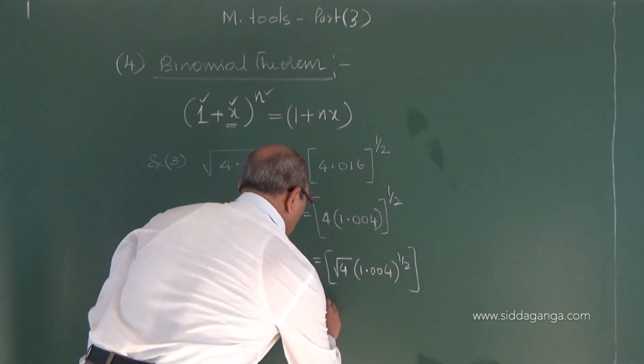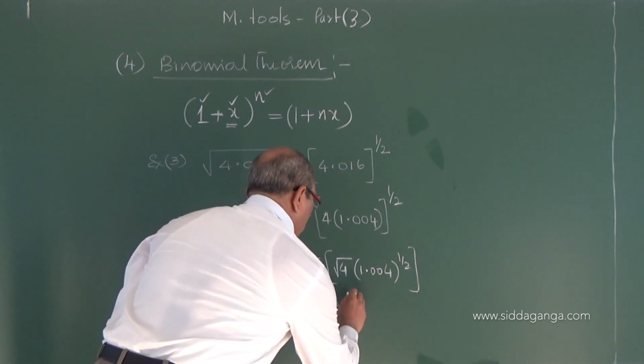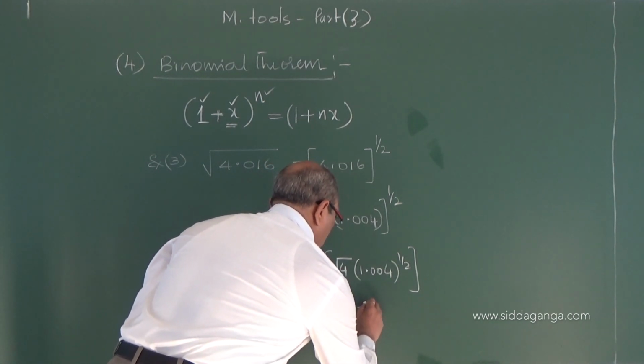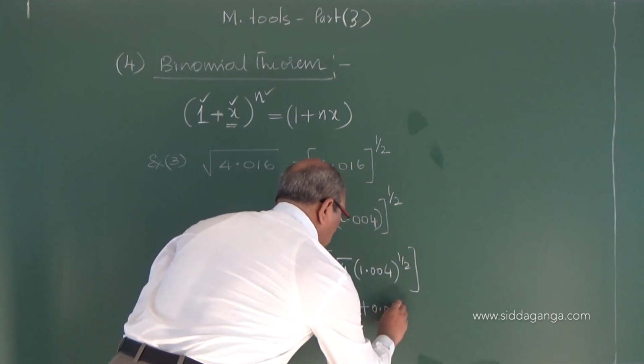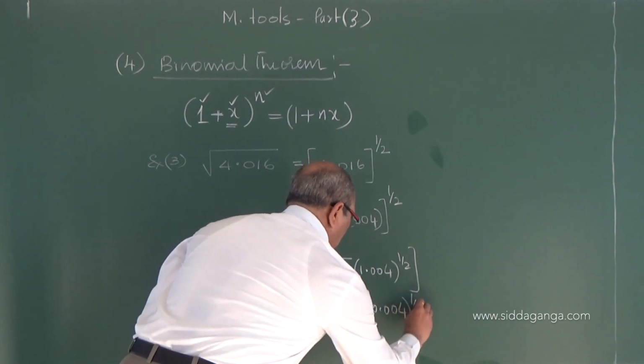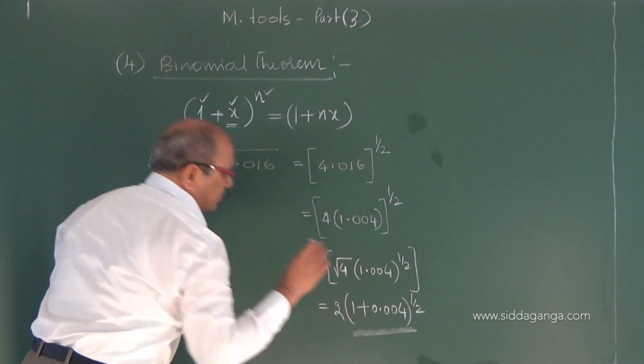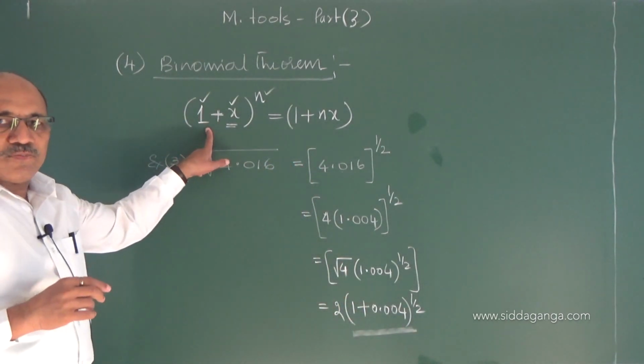So that is equal to the square root of 4, which is 2, into, splitting this, (1 plus 0.004) to the power of half. This term is in the form of a binomial expression.